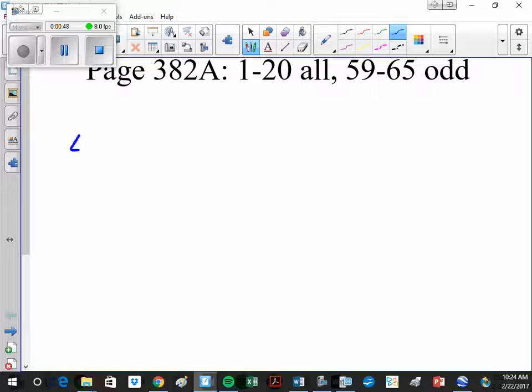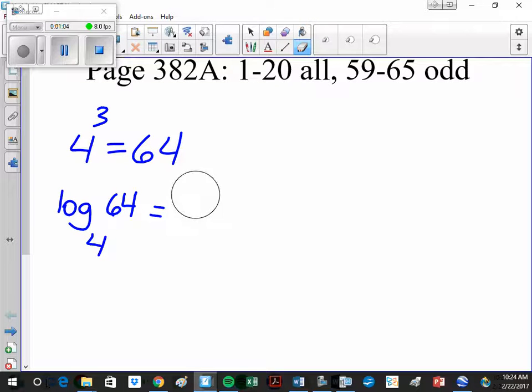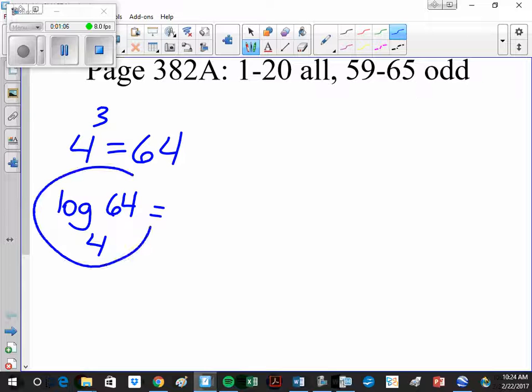If I had 4 to the third equals 64, how do I convert that into logarithms? Log base 4 of 64 is 3. Now, let's say I didn't know what it equals. How do you evaluate log base 4 of 64? We don't have a base 4 button on our calculator.